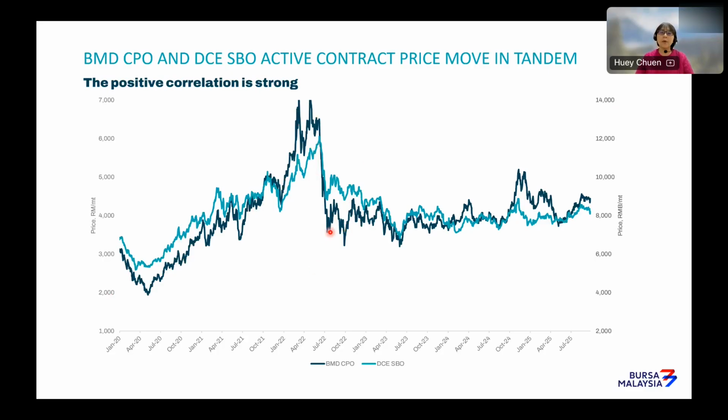This creates the opportunity for you to play within the two spreads. But on the trend side, they both move in tandem, because these two oils are substitutable, and to a certain extent, similar factors affect both prices. So this is the correlation between the BMD CPO and the DCE soybean oil active contracts' price movement.